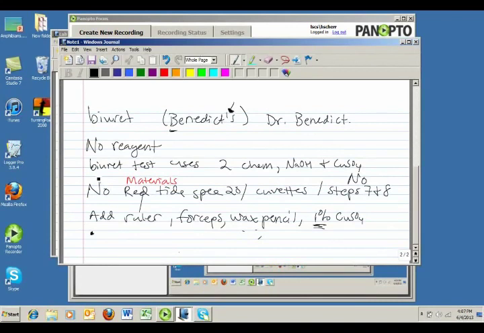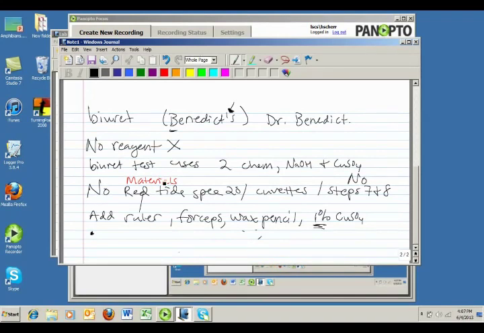I don't want you calling it the biuret reagent. Okay? So no reagent. Reagents typically mean a number of chemicals mixed together that all have different functions, but you put them all in at one time, in one solution. So like the Benedict's reagent is a number of different chemicals mixed together into a solution called Benedict's reagent, and then that's used.